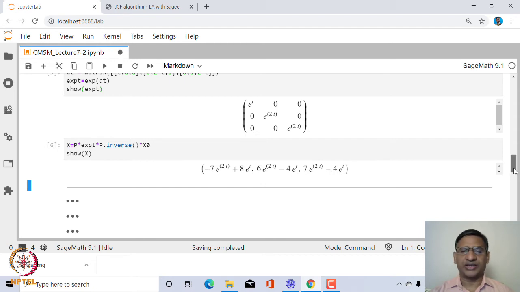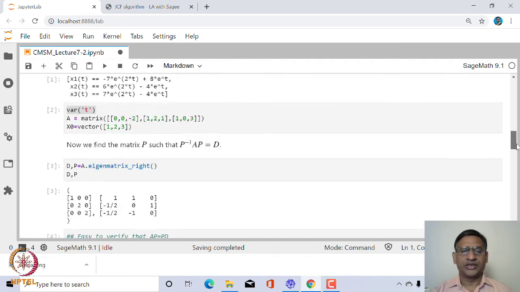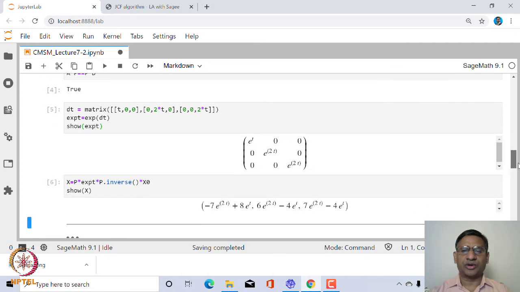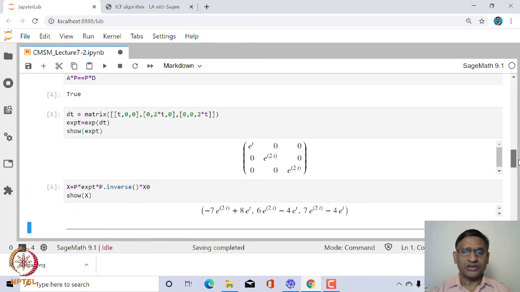And if you compare this with the solution which we obtained using the inbuilt function, they are the same, right. So this is how you can solve a system of linear ordinary differential equations using diagonalizability. Once the matrix is diagonalizable, solving this system is very easy, right.